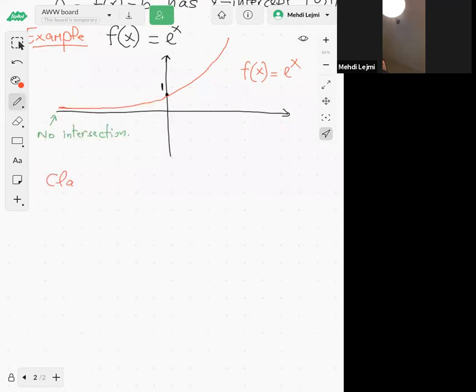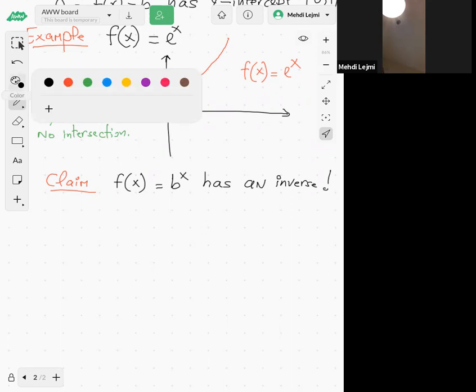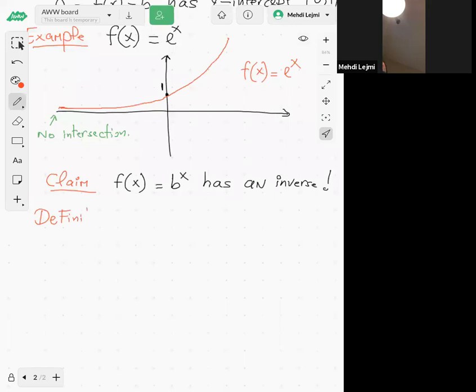So my claim here is that exponential functions have inverses. So f of x equal to b to the x has an inverse because it passes the horizontal line test. And that's actually a definition of the logarithmic function. That's the inverse of the exponential function.